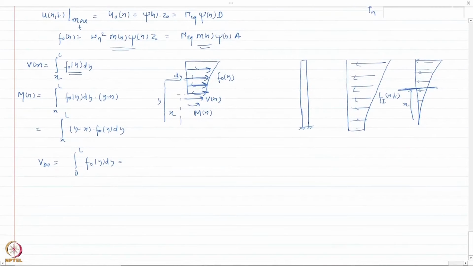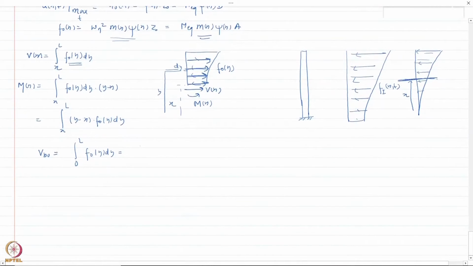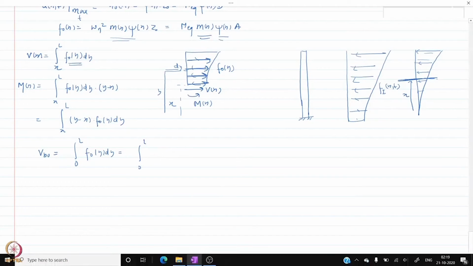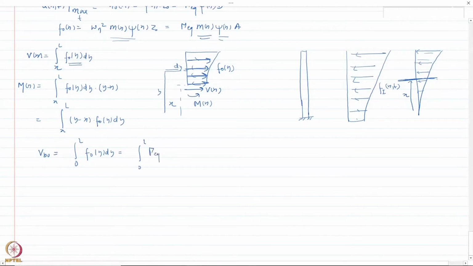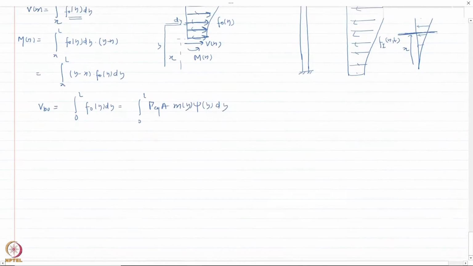Let me first write it like this, omega n square, or let me use the second expression here. So it is this times mx phi x, or the integration variable here is y. It does not matter really in this case. This needs to be integrated.